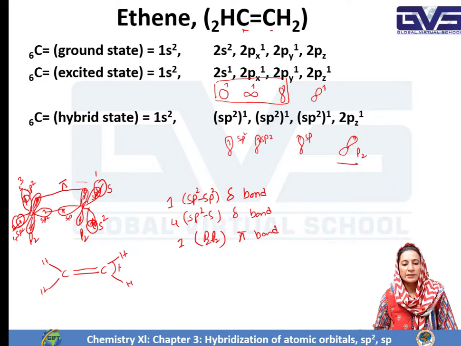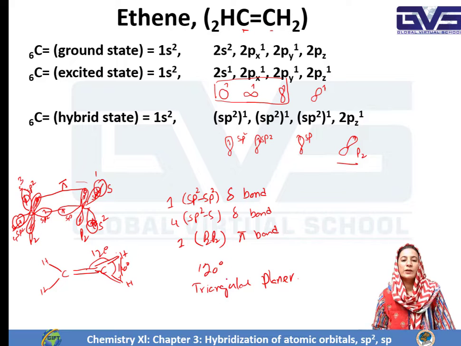These angles are 120, and this shape is triangular planar. So these angles are 120, and this forms a triangular planar shape.